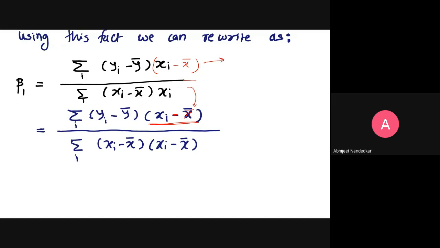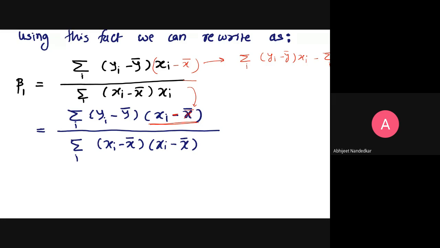If you expand this numerator, this will be summation i of yi minus y bar into xi, minus summation i of yi minus y bar, into x bar. Am I right?